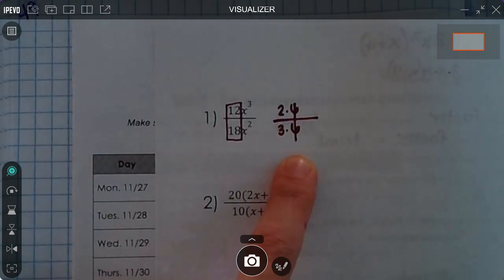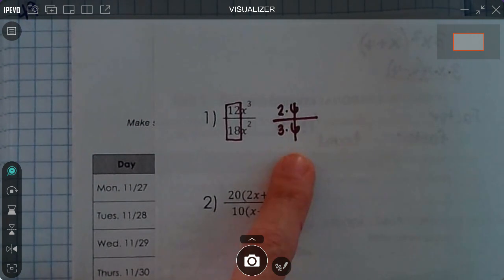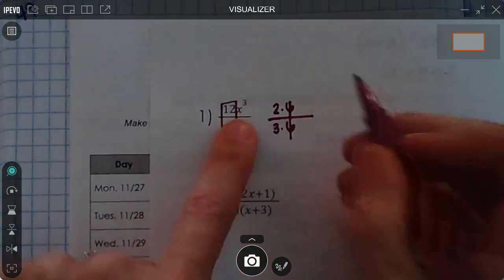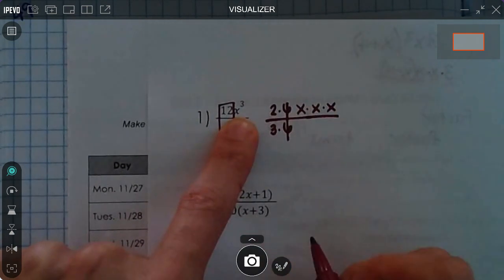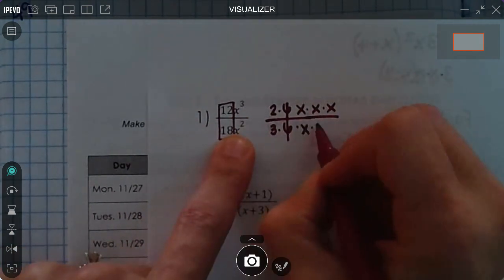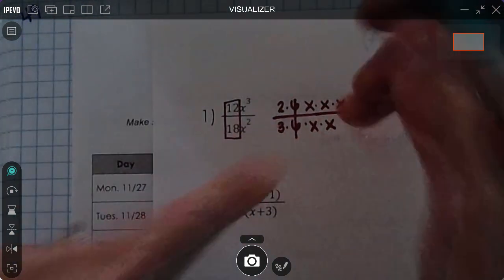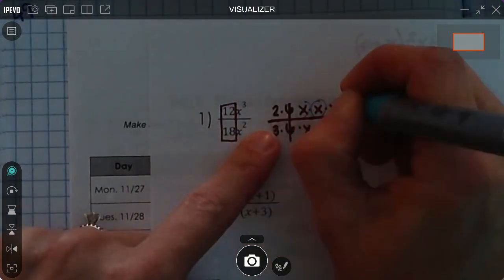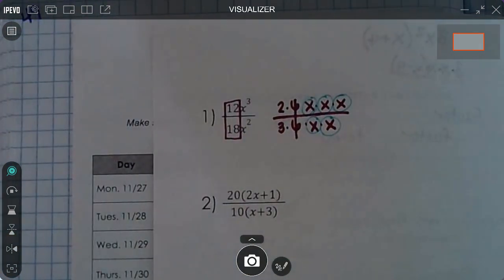So when y'all are saying divide by 6, that's what you are doing in your head when you're simplifying fractions. Do you agree on top that is x times x times x, and on the bottom is x times x? So here's a factor, here's a factor, here's a factor, factor, factor. What's a factor that I circled on top and bottom?